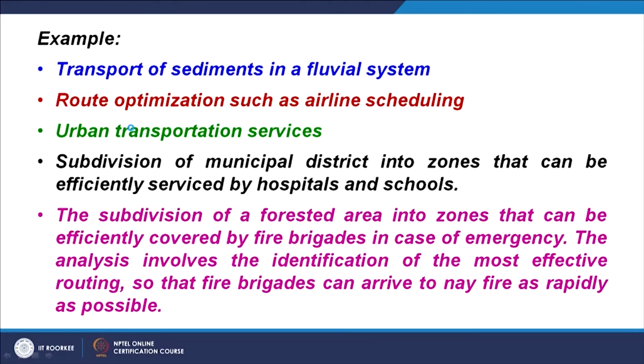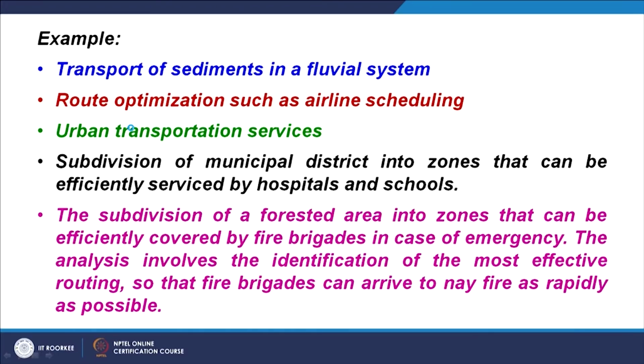Also, for example, subdivision of a forest into zones that can be efficiently covered by fire brigades in case of emergency. This is a very common thing in Garhwal Himalaya, where every year in the month of April, May, or sometimes even June, we have forest fires.